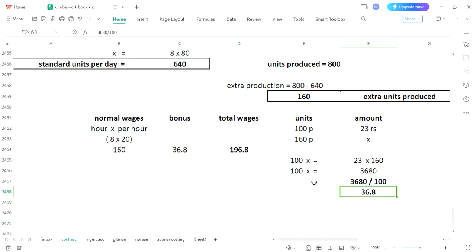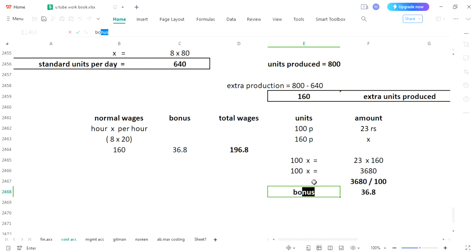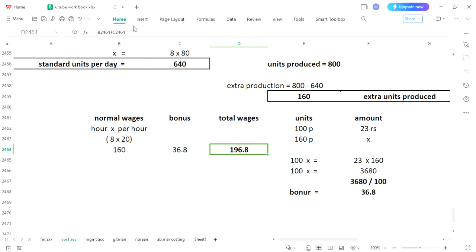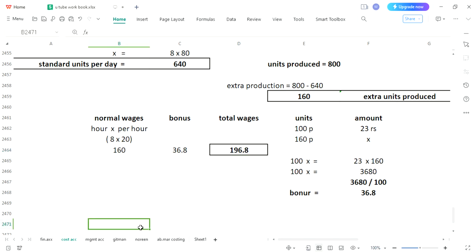This was your amount of bonus we have calculated, and this is the amount of wages calculated. So the first answer has arrived. Now we will see per 100 pieces. How many pieces has the worker made? 800.